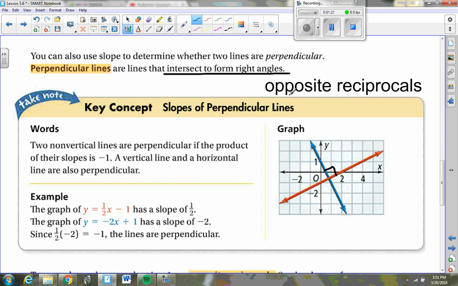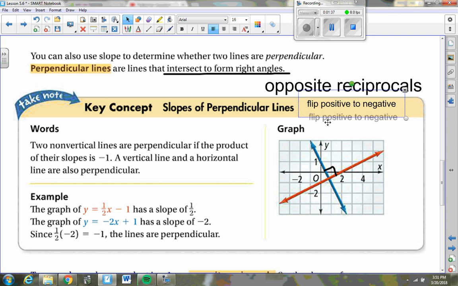The word opposite here means opposite sign. It means we have to flip sign from positive to negative. And the reciprocal part means we're going to flip the slope fraction. So we flip the top to the bottom.